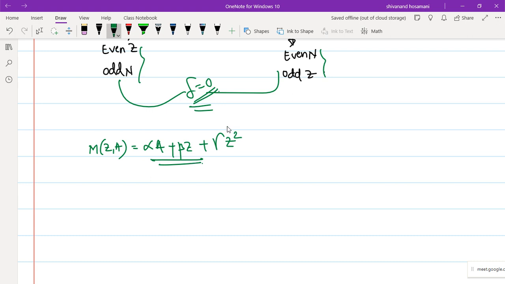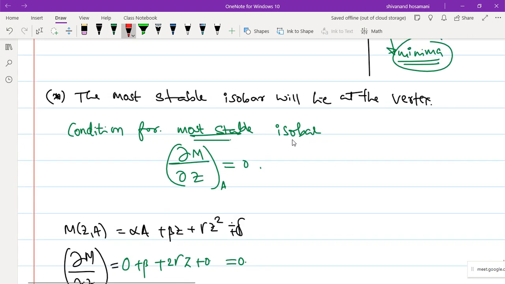But here we get only 1 parabola because it's a perfect quadratic equation. There is no plus or minus term. For this plus or minus term, we get more than 1 parabola, once it increases, once it decreases.